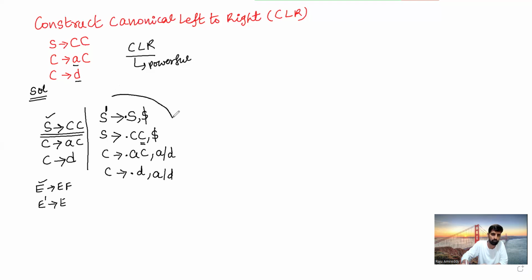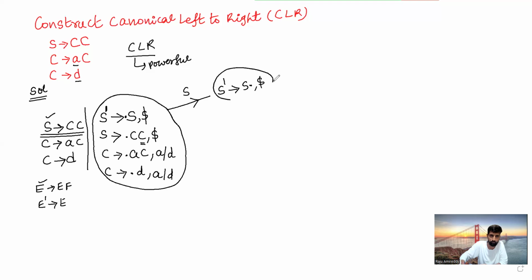Now I am going to find out the GOTO values. Very important point: we need to find GOTO of S, GOTO of capital C, GOTO of small a and small d. Now I am going to find GOTO of capital S. GOTO of capital S is S' → S., dollar.